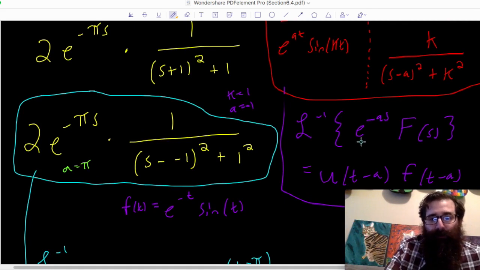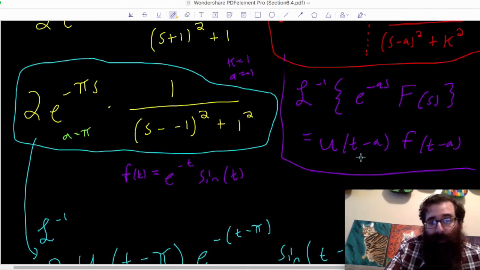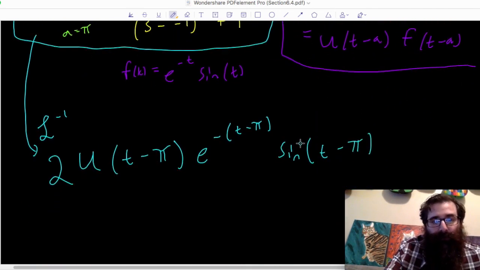And I go to this form here, this e to the, and this happens to also be an a, e to the minus as. A's and k's and s's are very popular. I look at this e to the minus as times big F of s, and I say, well, okay, so here I'm really referring to a is pi. And I want to use that to build this final form.